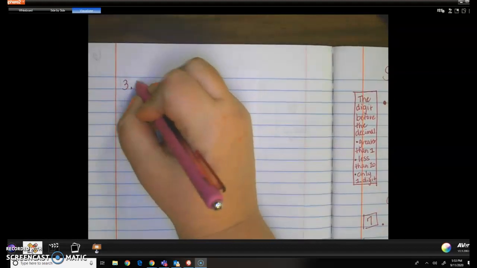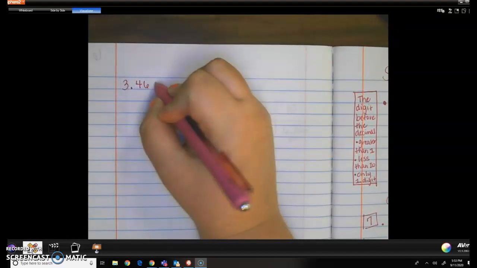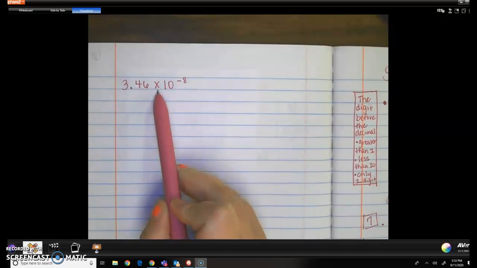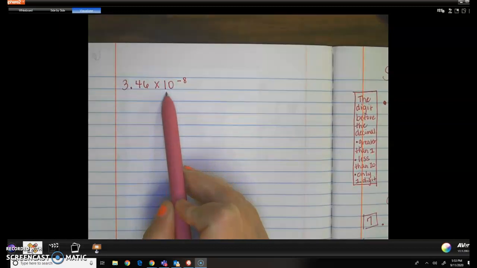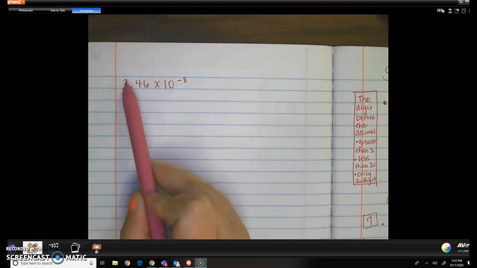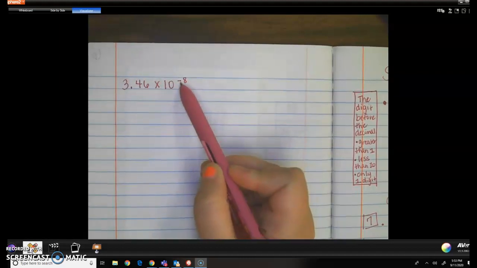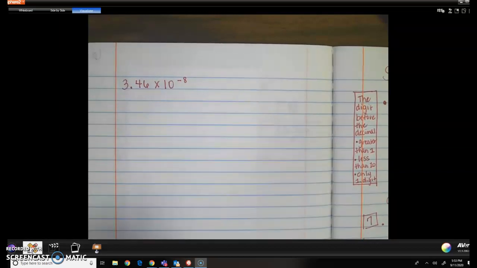So we're going to start with 3.46 times 10 to the negative 8. It will always be times 10. It will always be one number and a decimal. So this negative tells me I'm going to move it to the left.